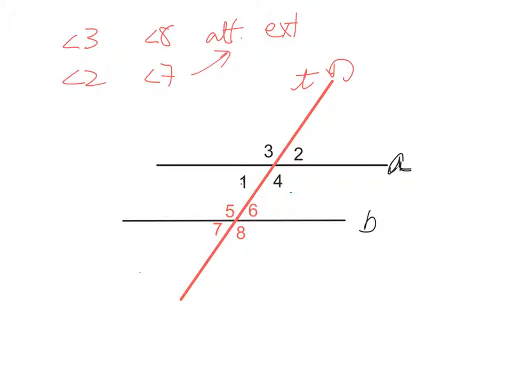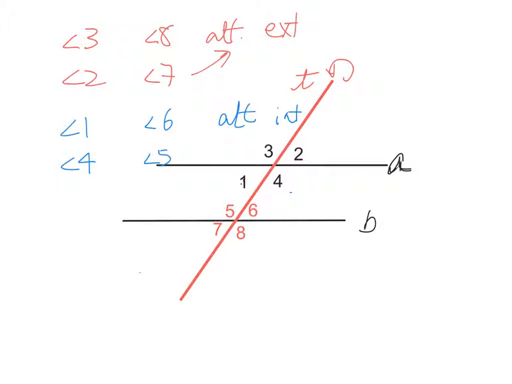Now let's look at angle 1 and angle 6. First of all, they're in the interior, right? Secondly, they're on different sides of the transversal, so they are alternating interior angles. Same thing with angle 4 and angle 5.